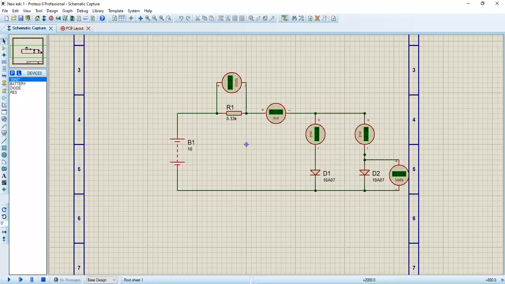The same configuration has been made here. If I run this, I can see that the resistor has a drop of 9.48 volts, and the current passing through this resistor is 28.7.